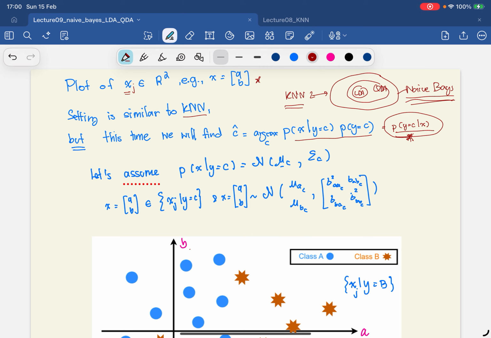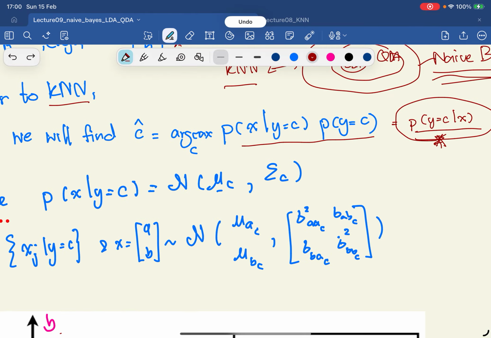K-nearest neighbor uses a kind of Bernoulli counting, but naive Bayes, including LDA and QDA, decomposes the posterior into the likelihood and the prior and imposes more complicated distributions.